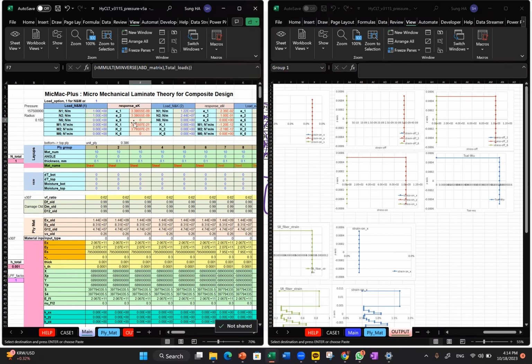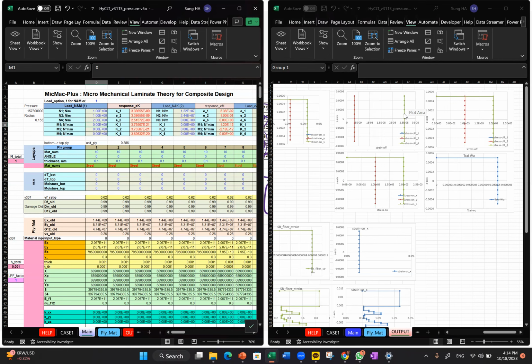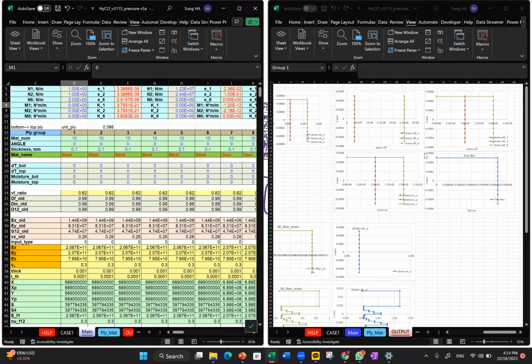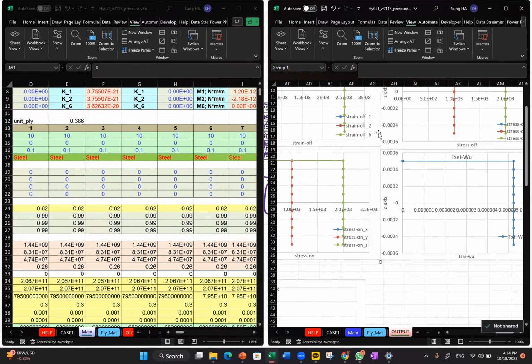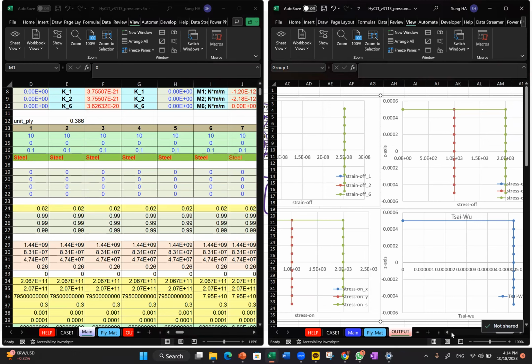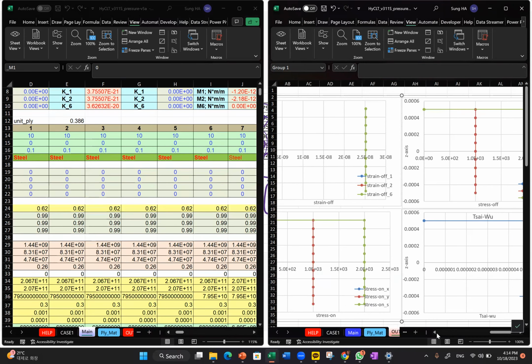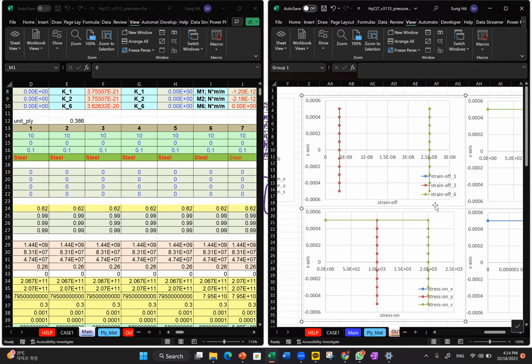And now, of course, we apply a certain load in shear direction. You can see that we have not only... let me see.